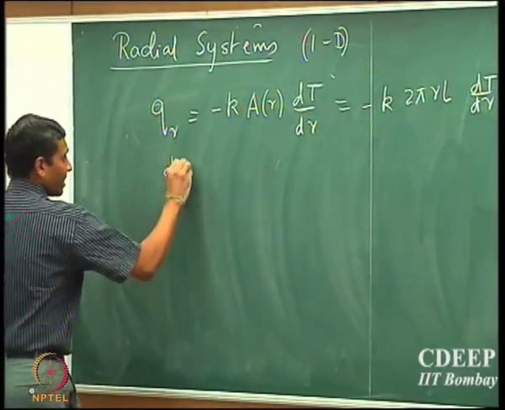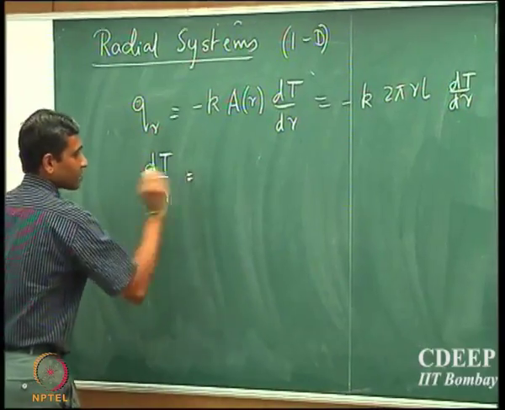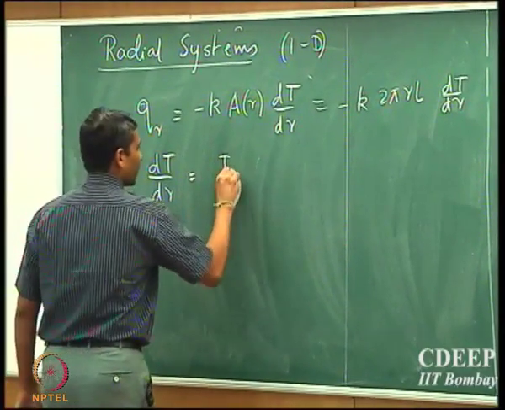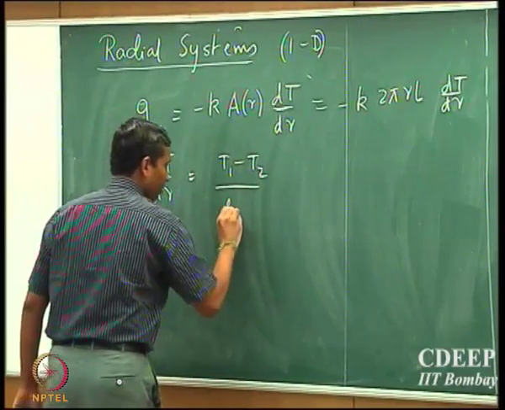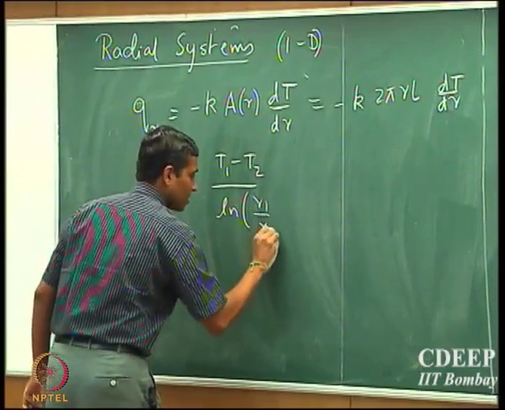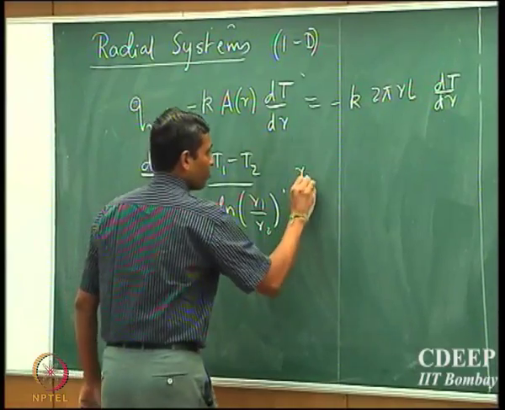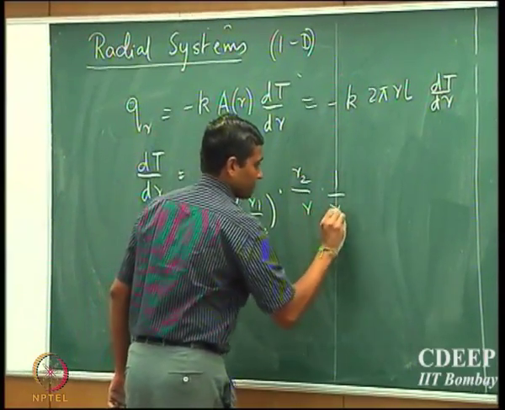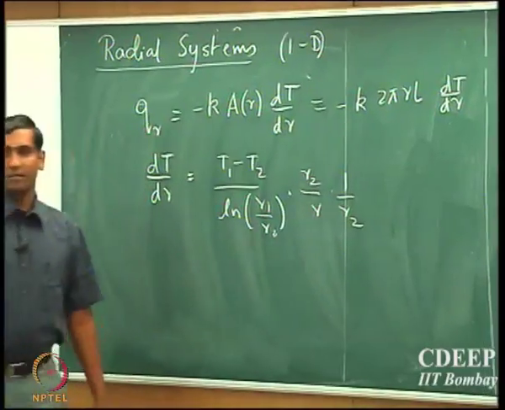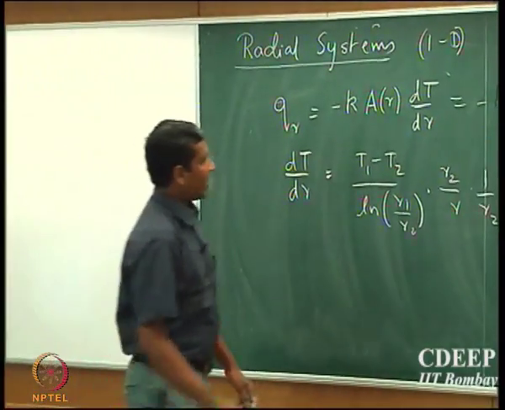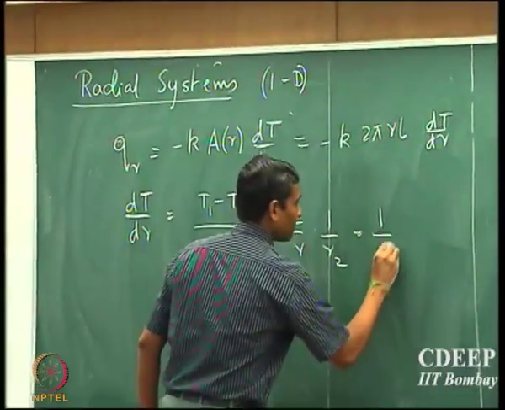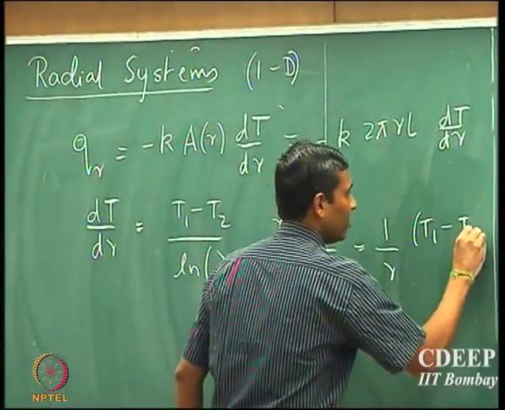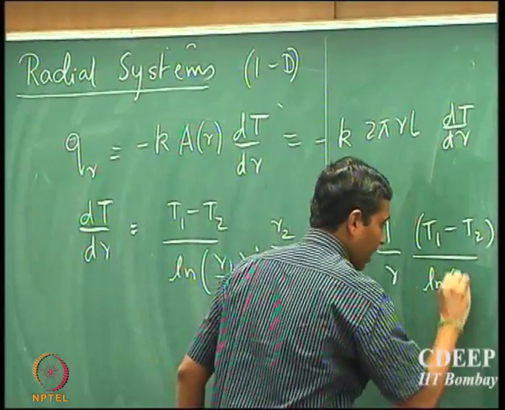So dT/dr is (T1 minus T2) divided by ln(R1/R2) into R2/R into 1/R2. So that is 1/R times (T1 minus T2) over ln(R1/R2).